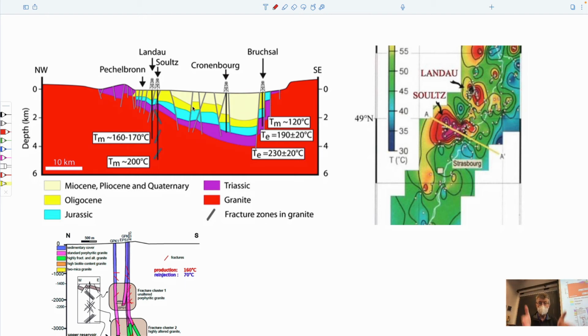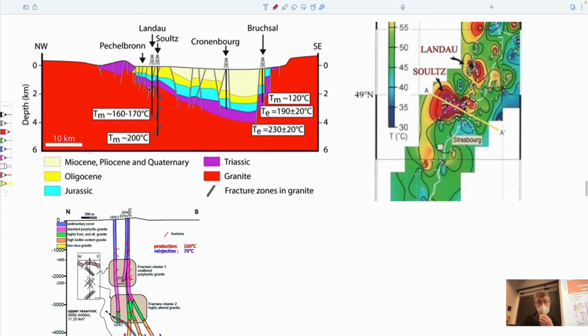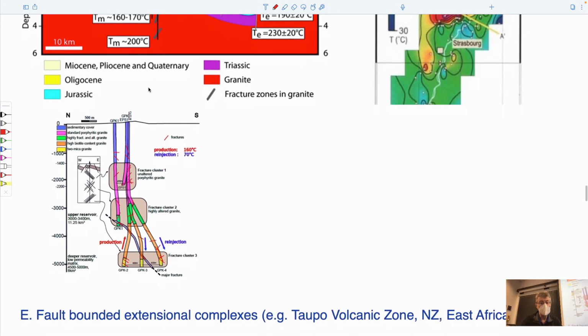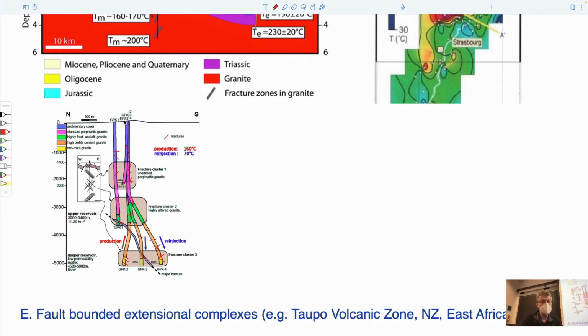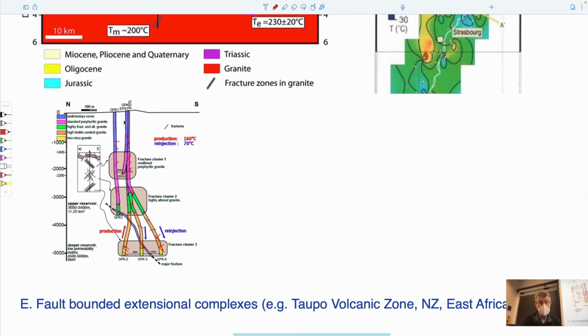You get these graben being created, and this is the site of the European Hot Dry Rock Project, or the EGS project, a series of wells which have been there since the mid-1900s, plumbed down to 5 kilometers of depth. They are wells in which fluid is injected in some of them, shown by the blue arrows, and recovered from one of them up to the surface.